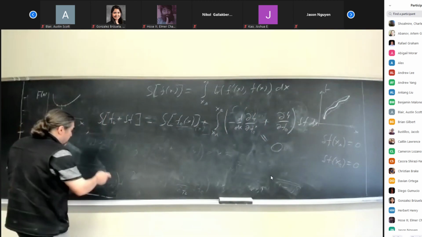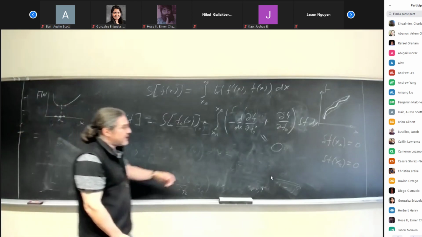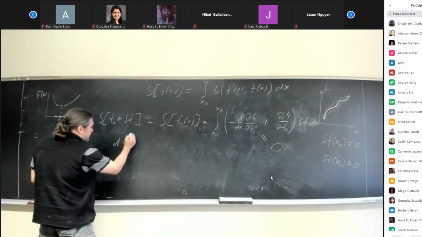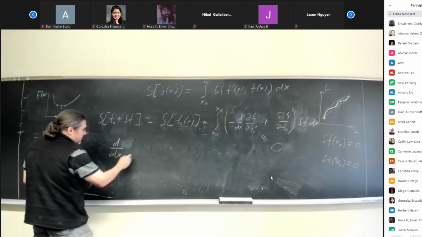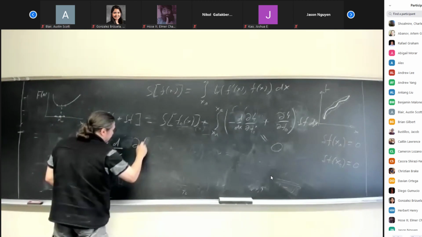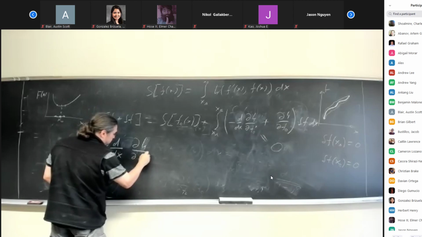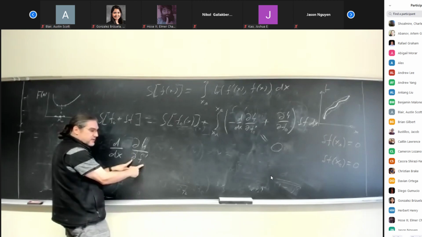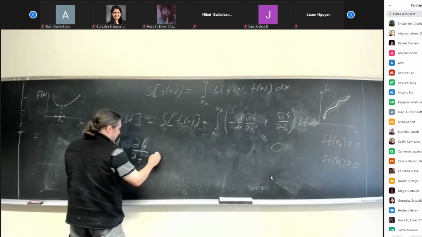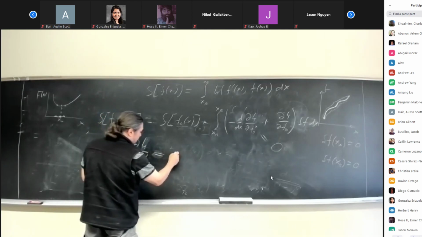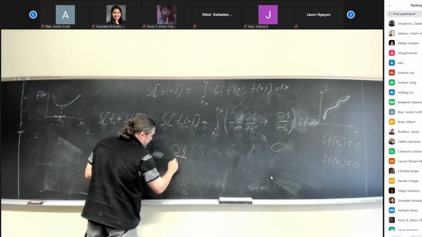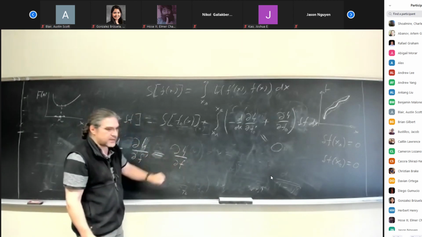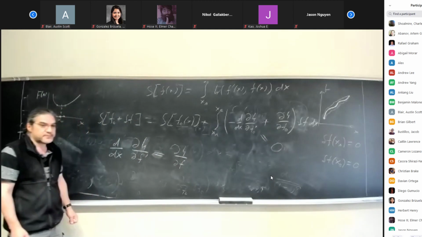So what it means is that my function f naught must satisfy the following differential equation: dL over dx prime. This is just a differentiation of L with respect to the first argument, and it must be equal to dL over df, which is just differentiation of L with respect to the second argument.